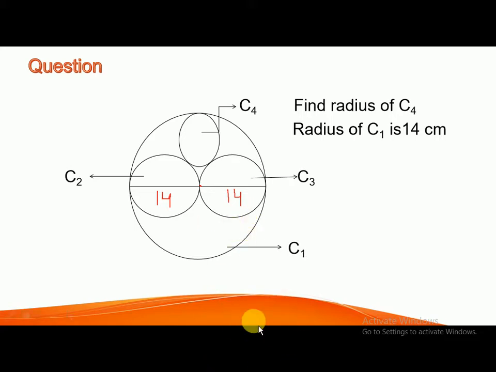So the problem said that you have a larger circle, let's say C1, whose radius was given as 14 centimeter, and you have two smaller circles, namely C2 and C3, which are congruent and which are drawn on the diameter of C1. These two circles have the radius of the bigger circle as their diameter.